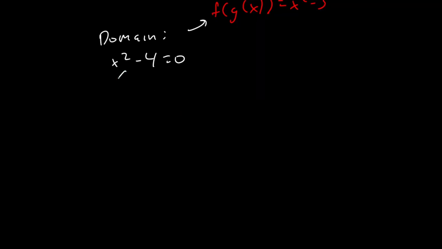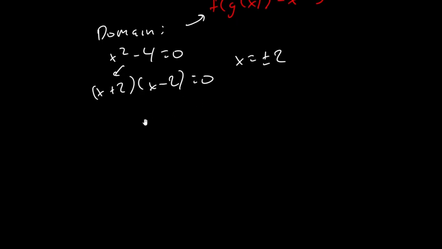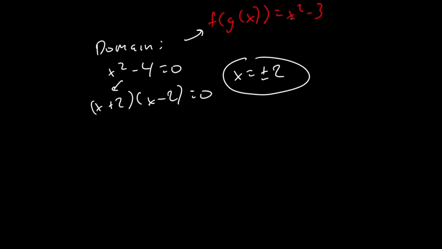This is easy to factor: x plus 2 and x minus 2 equals 0, so x equals plus or minus 2. And this means that these have to be excluded from the domain. Now in this function f, this doesn't actually have any domain busters, which is good to know. So the final domain would just be the domain of g of x.